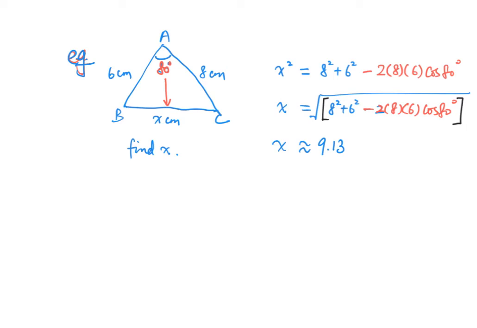Let me give you a triangle first. So this is 5, 12, 14, for example.